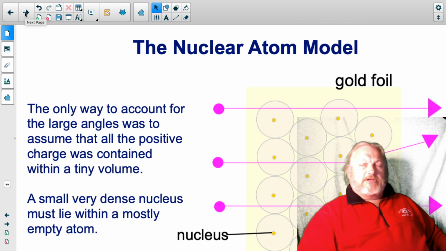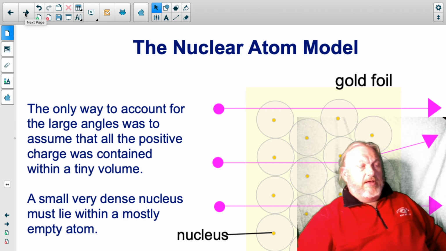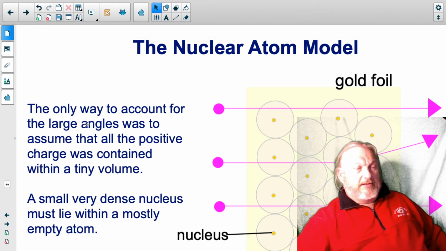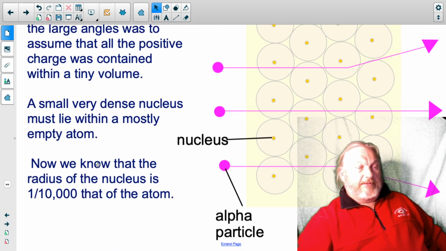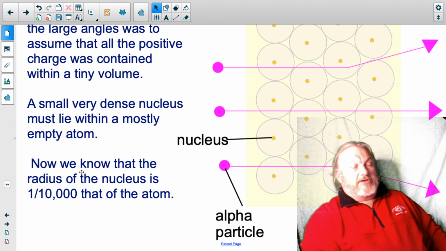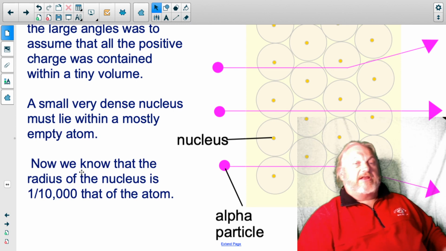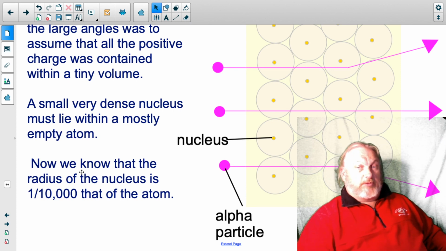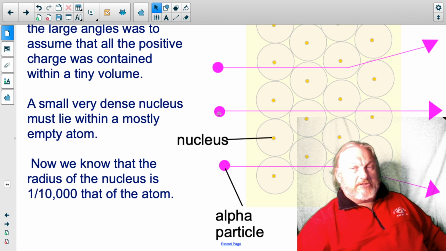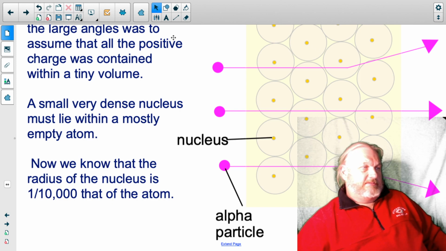So a small dense nucleus must lie in a mostly empty atom. We now know that the radius of the nucleus is only 1/10,000th that of the radius of the actual atom. Most of the particles went right through. Every now and then, an alpha particle would come around and be deflected by one of the positive charges.